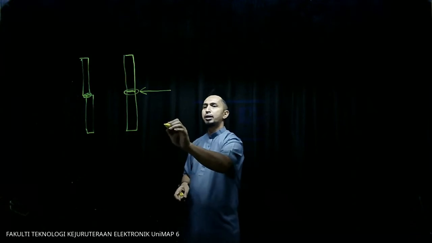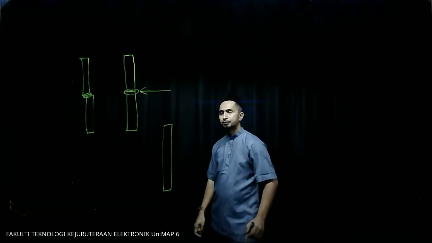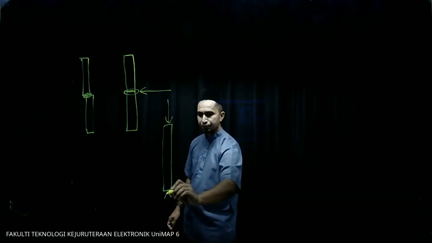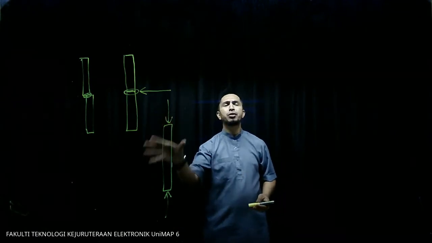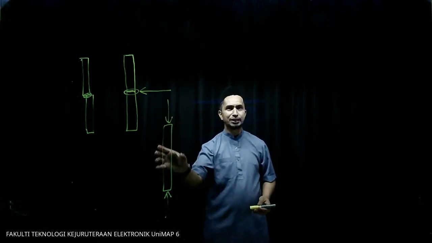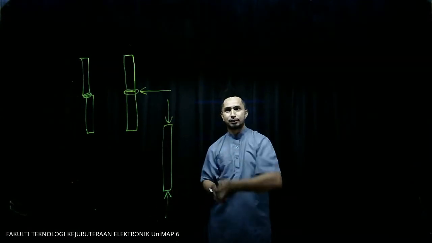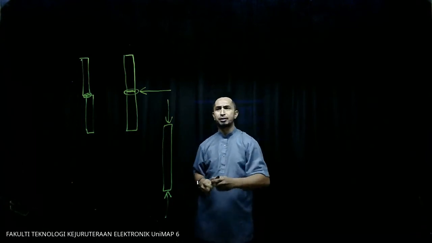But if we have this type of bone and we have compression force over there, dia susah nak deform. It is very difficult to make changes in the bone when we have compressive force. It can withstand the force. Dia akan kuat untuk tahan compressive.